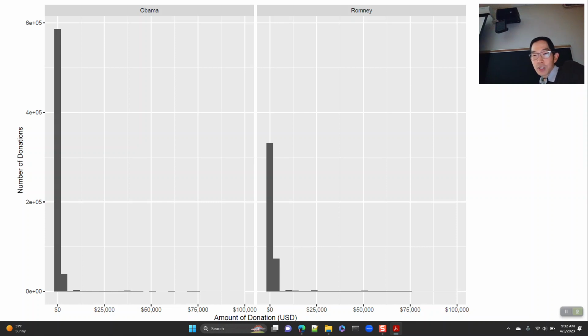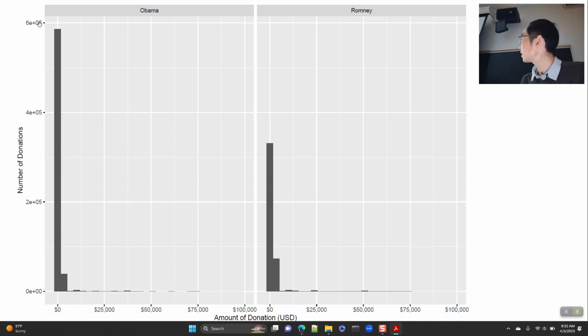And so one thing we can do is ask, how many donations were made and what was the size of the donation? In both of these, we get what we call hockey stick graphs, where basically you have one column that's way dominant.